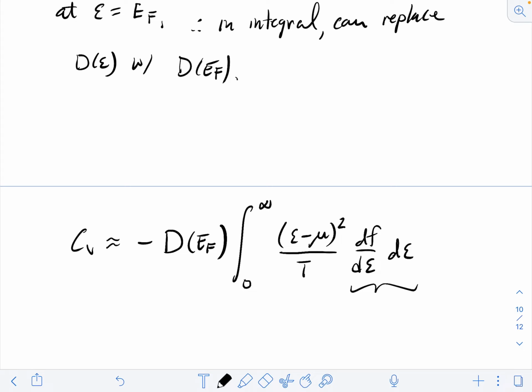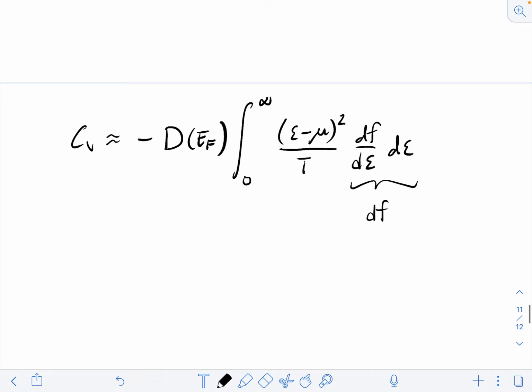But now we have this product df d epsilon times d epsilon, and so this is df. So we're going to change now from an integral over energy to an integral over f, the distribution function. So we have to think about the limits of integration. Note that when epsilon is equal to infinity, the upper integration limit, at high energy, the probability that a state is occupied is 0.